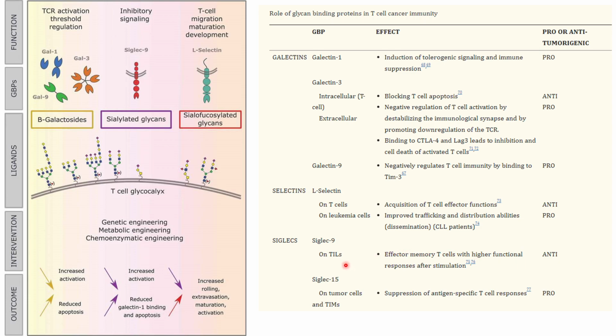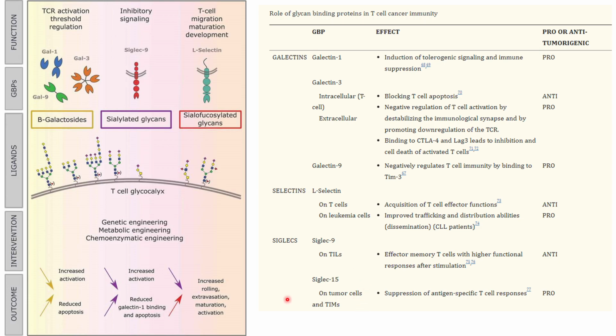The function of these sialylated glycans is to suppress the T cell response. However, less expression of the sialylated glycans will lead to a high functional response after stimulation. So it will be helpful to target and kill the tumor cells.